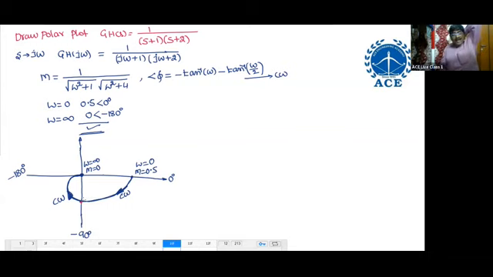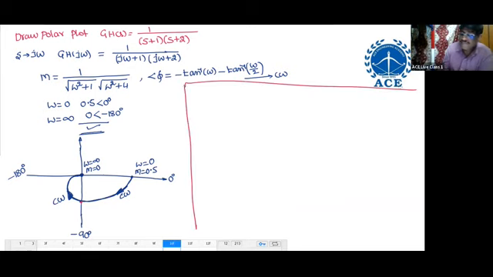Most of the time they ask in terms of rectangular coordinates. What is the intersection point with minus 90 degrees? Come on, calculate it.